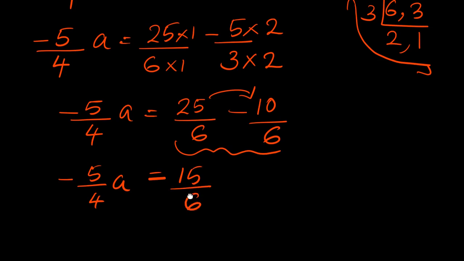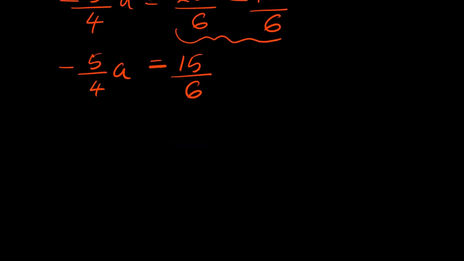Next, we can find a from this step. A is equal to 15 over 6 times the reciprocal of the coefficient here. Reciprocal of this one is 4 over negative 5.